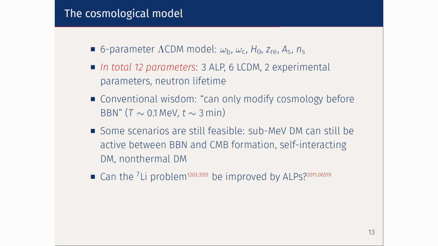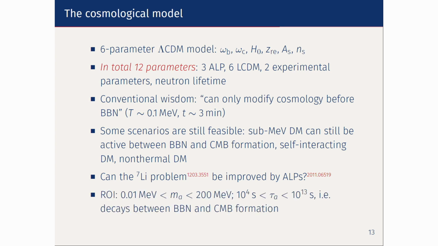Also, in some previous works there's been speculation about ALPs maybe being able to solve the lithium problem, which concerns the difference between the observed, or estimated, and the theoretically predicted abundance of lithium in the early universe. And so we end up with this region of interest where we might be able to address this problem and not get in conflict with these constraints.